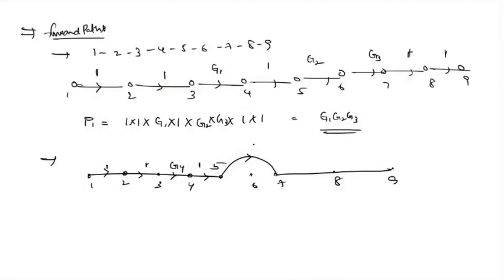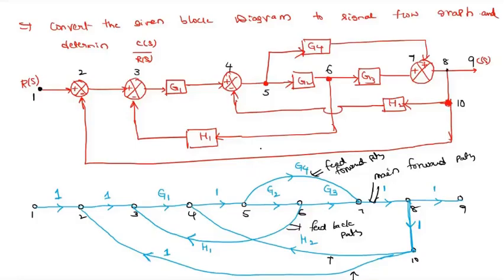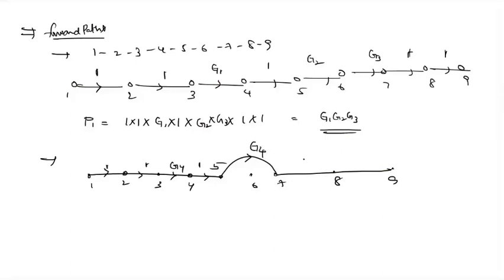The 5 to 7 block is G4, and 7 to 8 is 1, and 8 to 9 is 1. If you multiply this, P2 equals all 1s except G1 and G4. Therefore P2 equals G1 into G4. These are all the forward paths: two forward paths, P1 and P2.